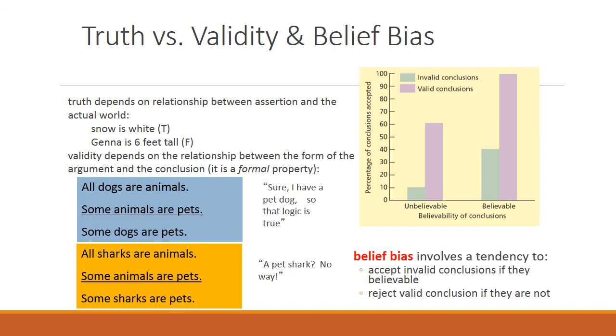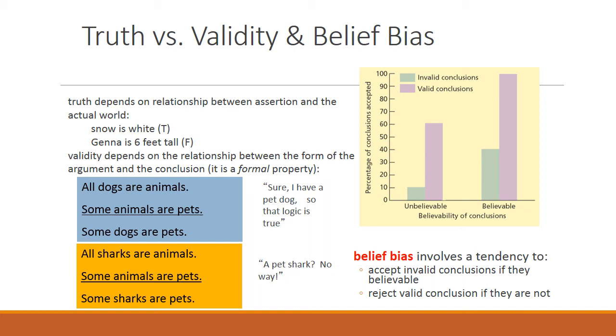So what this gets at is the idea of belief bias. This is the tendency to accept an invalid conclusion if it's believable. That's what's going on in that blue box. And we seem to reject a valid conclusion if it's not believable. You can see in that graph the difference between these two conditions. In the left-hand bars, if an invalid conclusion is unbelievable, you're less likely to endorse it as true.